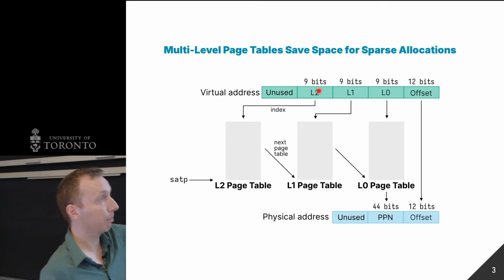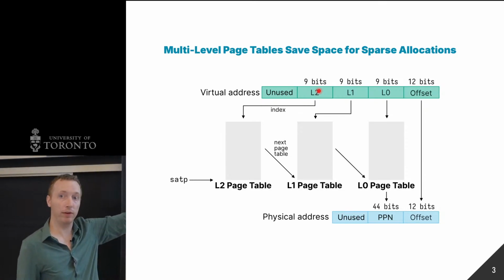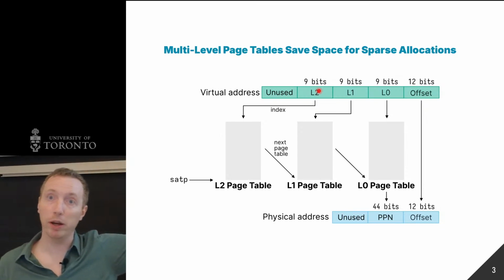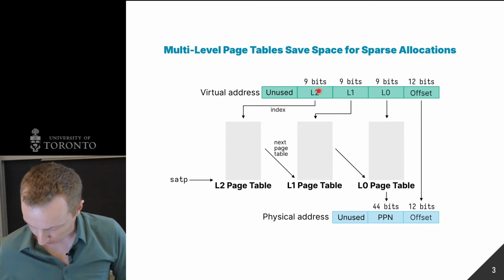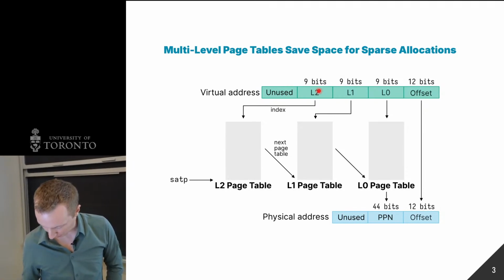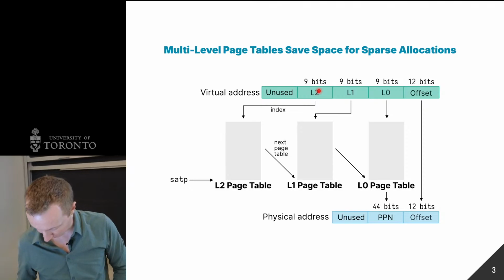It's a good question. For this, there will always be exactly 1 L2 page table. That's all you need. And we can figure out that this will actually waste some space too, in the worst case.